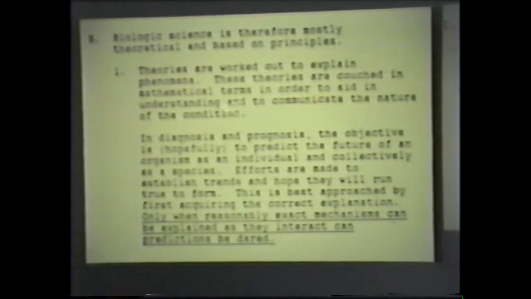Finally, then, in order to understand something, we have to understand the mechanisms by which it works. Once we can reach that level, then we can begin to predict. All right. Now, we have truth as something that is basically right. What is a principle?